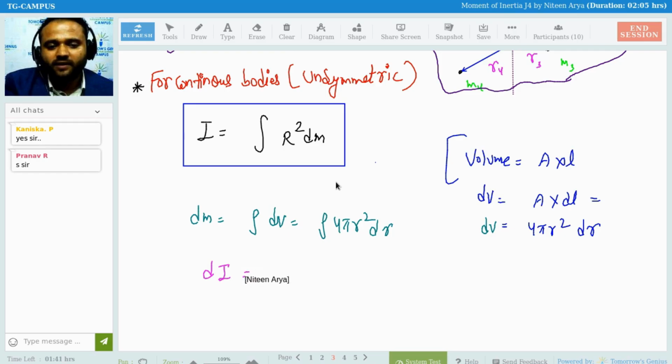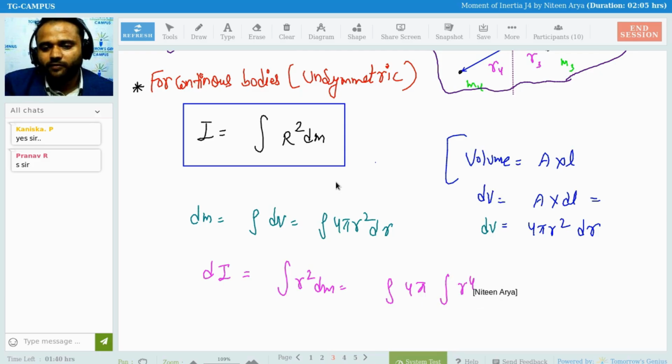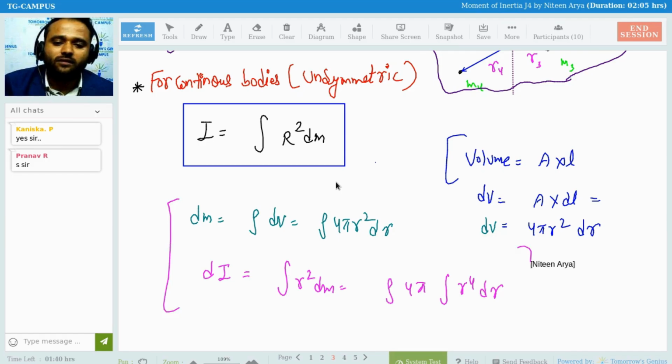So dI is going to be the integration of r square dm, and that is going to be rho 4 pi r to the power 4 dr, just putting the value of dv. Got it what I am doing? So for different kinds of mass density, this integration is going to be different.